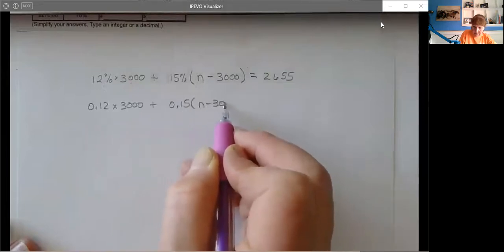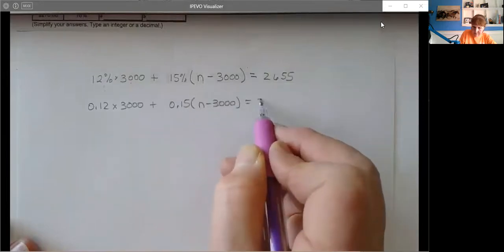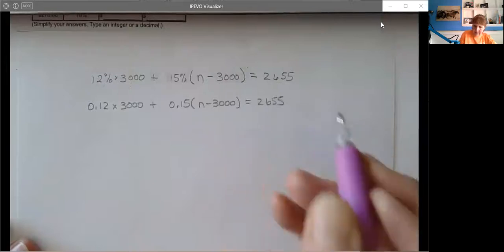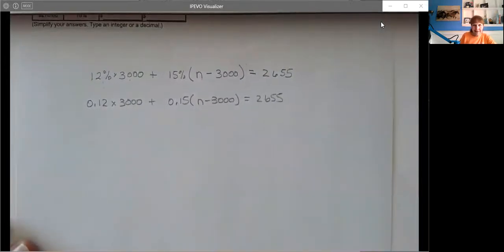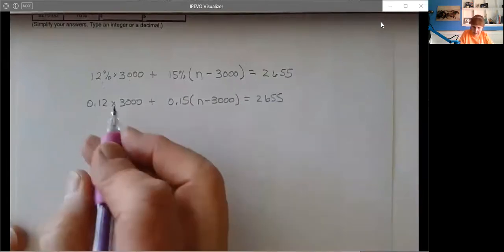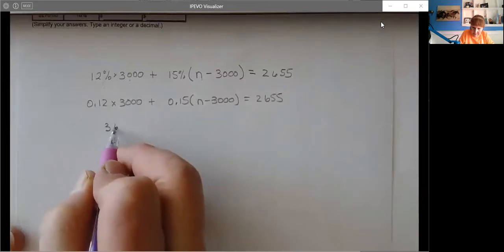We'll have to use the distributive property here. Sometimes some of you like this algebra better than adding fractions. So we'll take 3,000 times 0.12, 360.